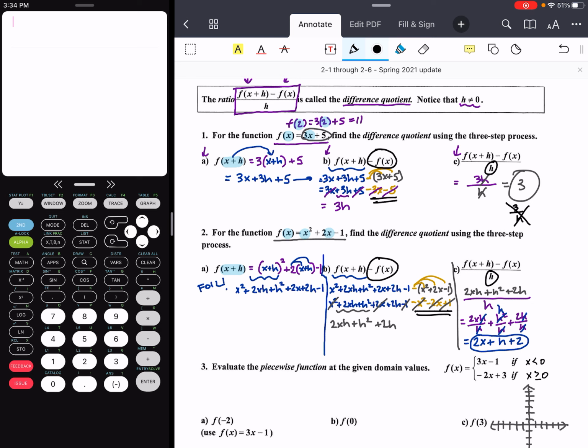So if you had mistakenly, for example, canceled just the first h that you see and gotten 2x plus h squared over h plus 2h over h or something like that, you would see these h's in the denominator, and that would be a red flag for you, okay? So minus f of x, all terms cancel, and then make sure your final answer doesn't have that h in the denominator, just as 2 quick checks that you can do.